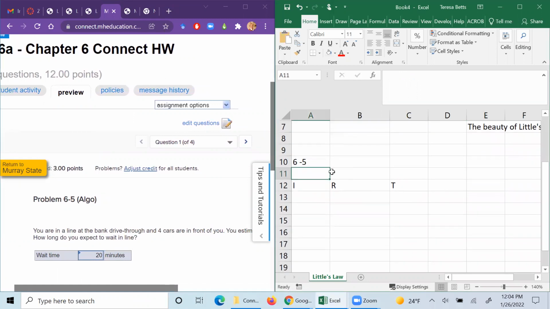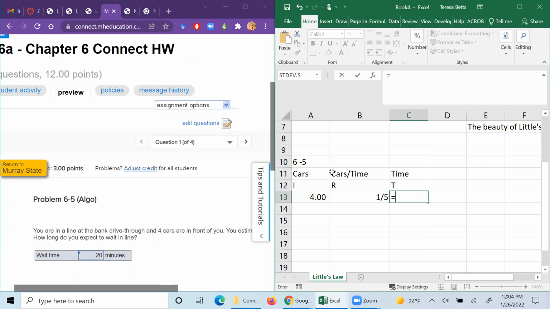I know that my inventory is going to be in terms of cars. My throughput is going to be cars per time, and my wait time is just a measure of time. It says there are 4 cars in front of you, and then you have 1 car every 5 minutes as the rate.